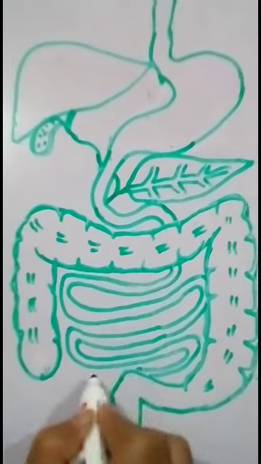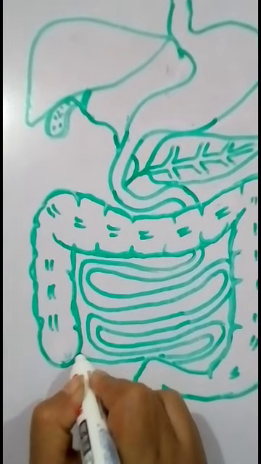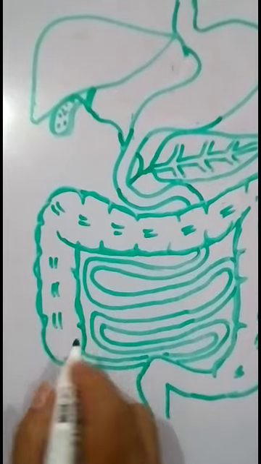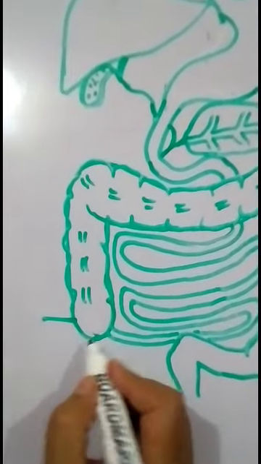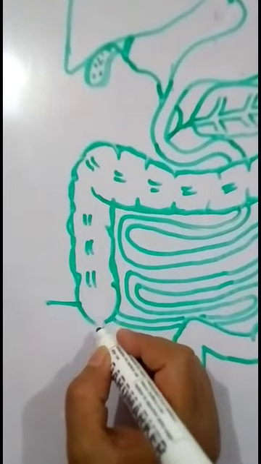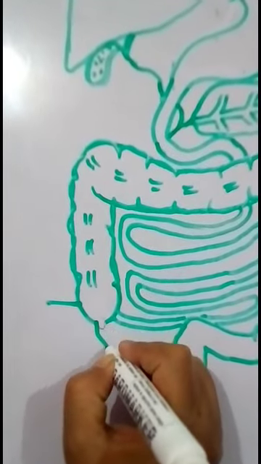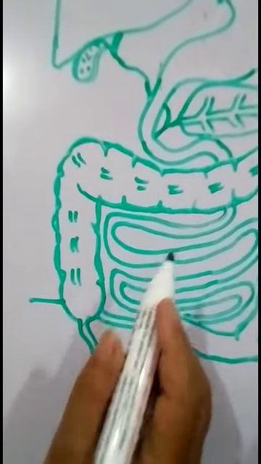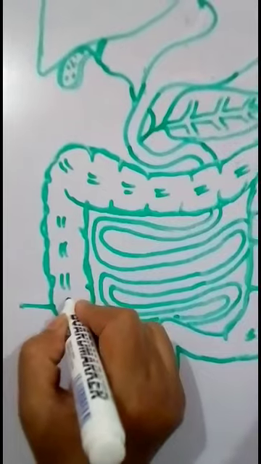The small intestine opens into the large intestine at a part called the cecum. This first part of the large intestine is called the cecum. The cecum has a finger-like projection called the appendix.